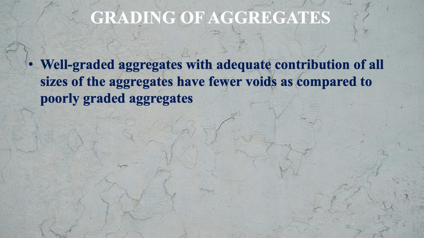Now let us see the effect of grading of aggregates. You know that there is well graded aggregate, poorly graded aggregate, gap graded aggregate. So these are different types of grading for aggregates. Well graded aggregates with adequate contribution of all sizes of aggregates have fewer voids as compared to poorly graded aggregate.